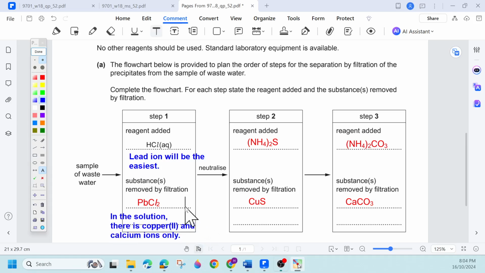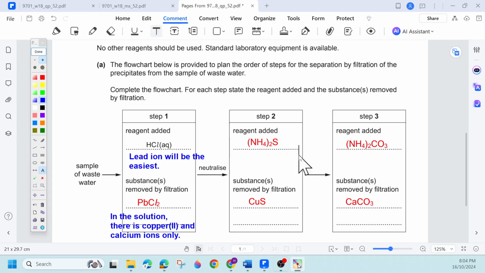So now the solution is ready. We already removed the lead. Now we want to remove the copper and the calcium. The next question I want you guys to think about is, what do we add next? Do we add the sulfide or do we add the carbonate? Now think about it.